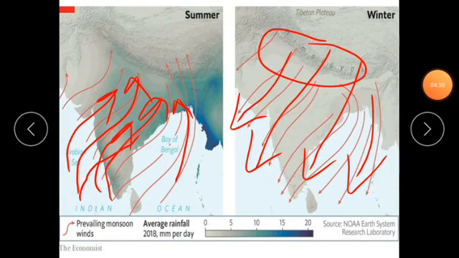Similar phenomena can be seen during the winters when the winds start to blow from the northwestern region towards the southwestern region or towards the sea, and it causes rainfall over this region.